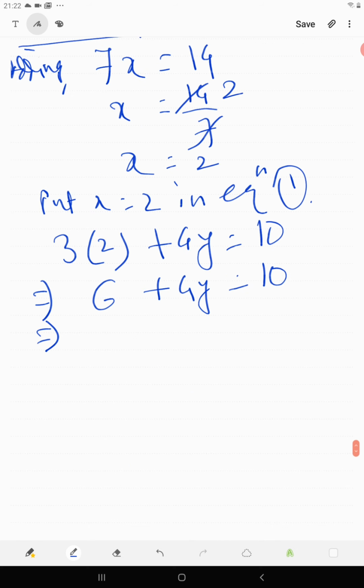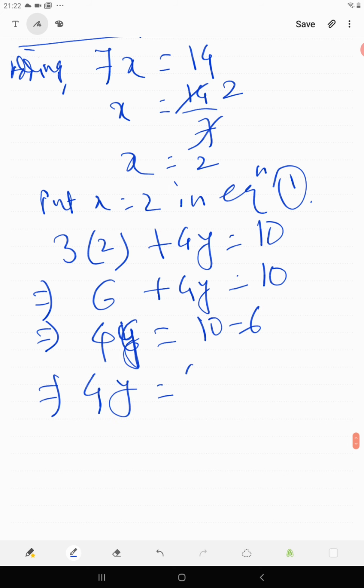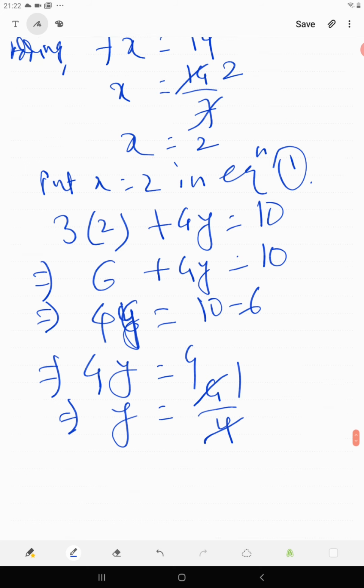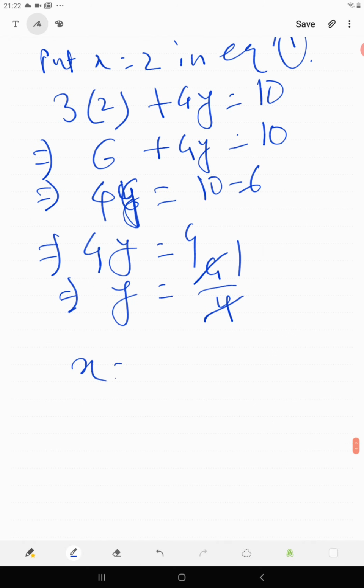So this simplifies to 4y equals 10 minus 6. It simplifies to 4y equals 4. It simplifies to y equals 4 by 4. 4 ones are 4. So what did we get? x equals 2 and y equals 1. This is our solution for problem 2 of question 1.